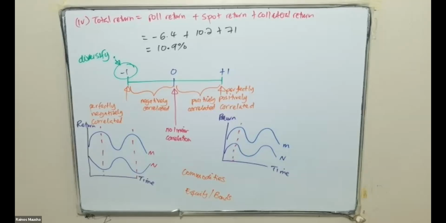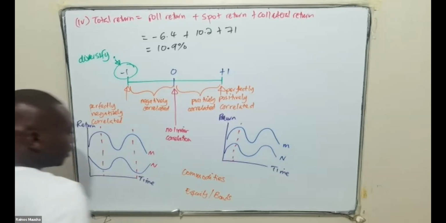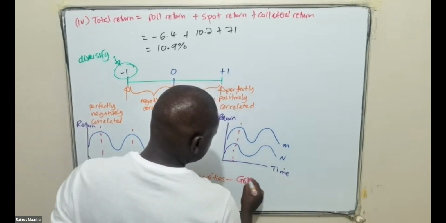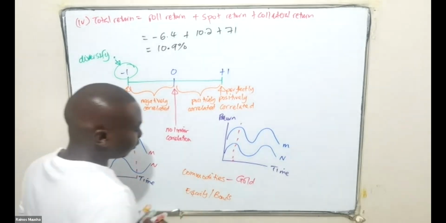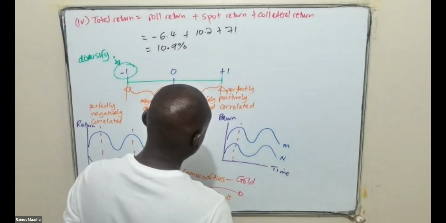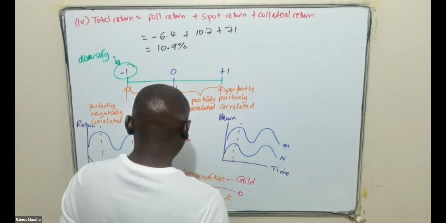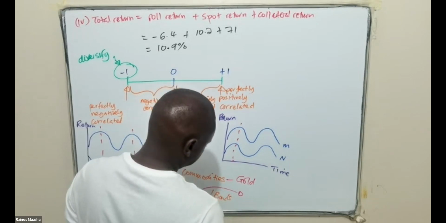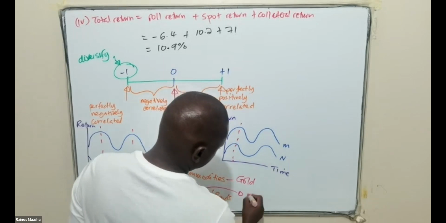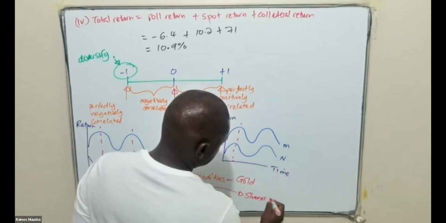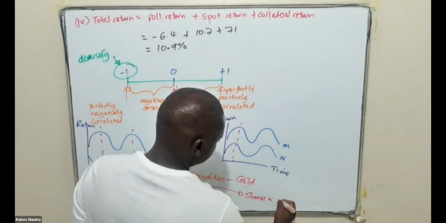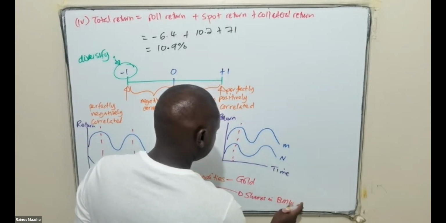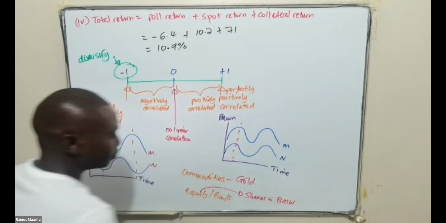Remember, as an example, a typical example of a commodity that people would consider investing in, let's say it's gold. And a typical example of an equity investment that one can consider would be, say, shares in BMW.